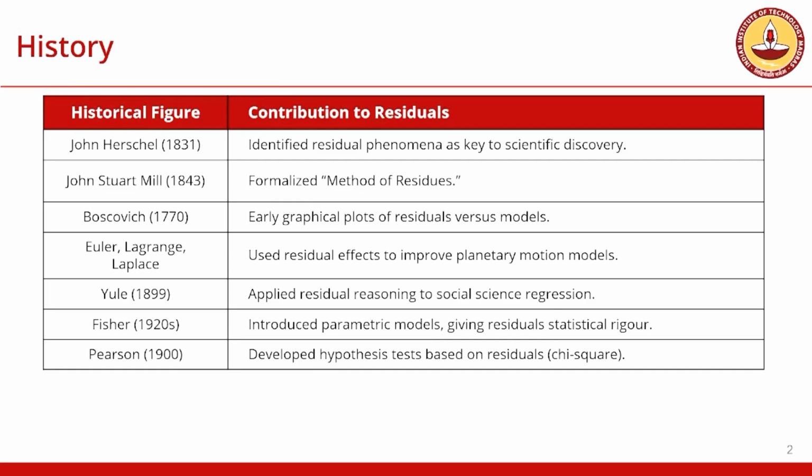Later, in the late 1700s, anomalies in planetary motions, specifically those of Saturn and Jupiter, challenged Newton's two-body gravitational model. By examining the residual effects, the differences between the predicted and observed positions, scientists like Euler, Lagrange, and Laplace introduced the concept of three-body interaction.